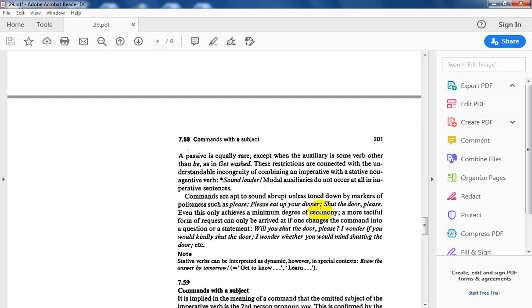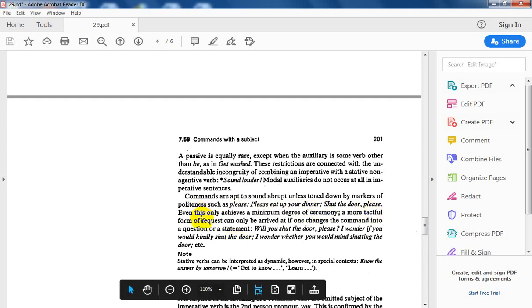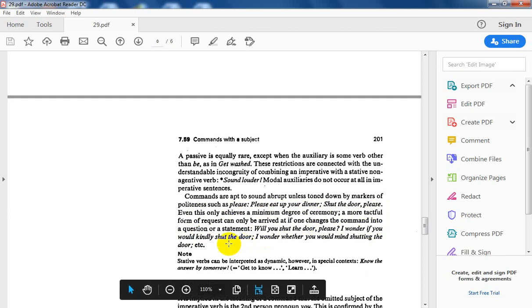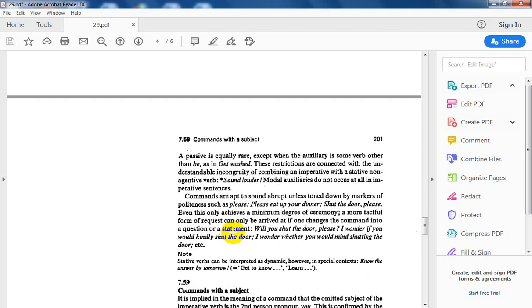"Please eat up your dinner", "shut the door please" eventually achieves a minimum degree of ceremony. A more tactful form of request can only be arrived at if one changes the command into a question or a statement: "Will you shut the door please?"